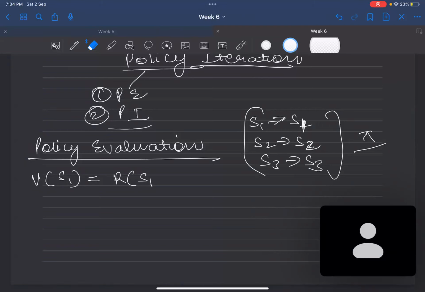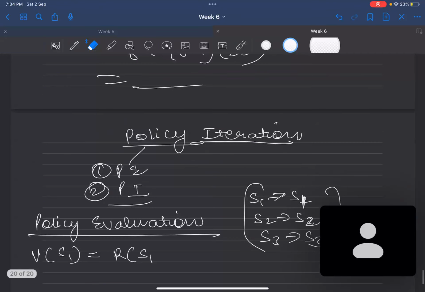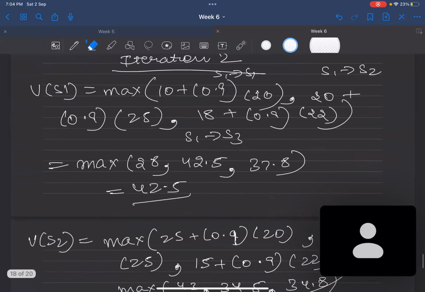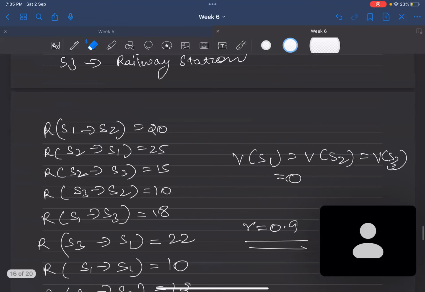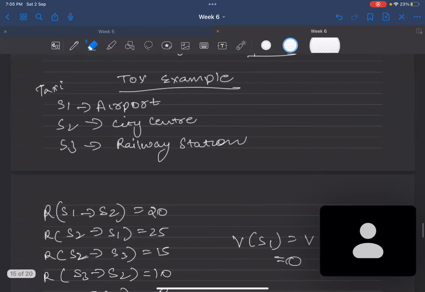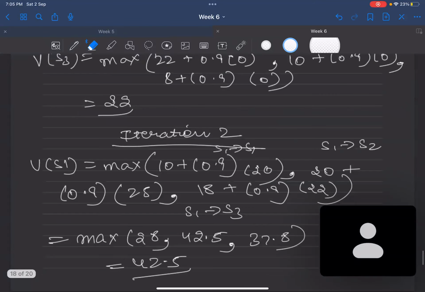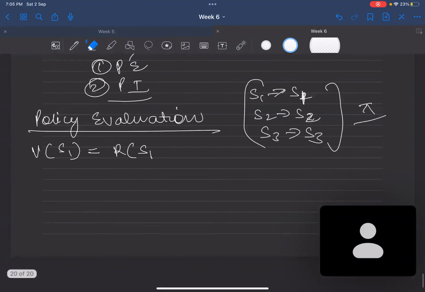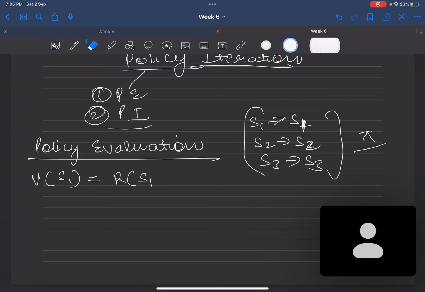So, madam, we can start with any policy, right? Yes, any random policy. I can choose equal probability also: S1 going to S1, S2, S3 with one third each. From S2 to S1, S2 to S2 and S2 to S3, one third each. That is also a random policy.